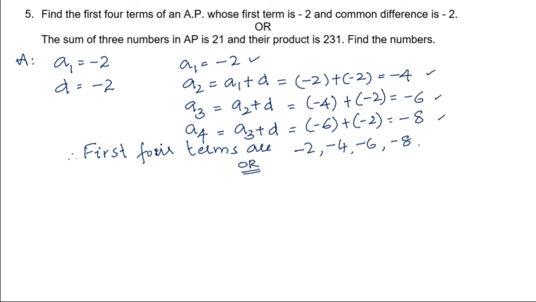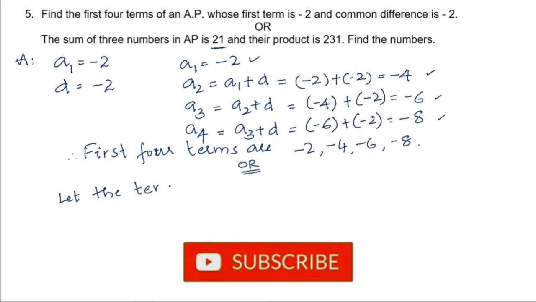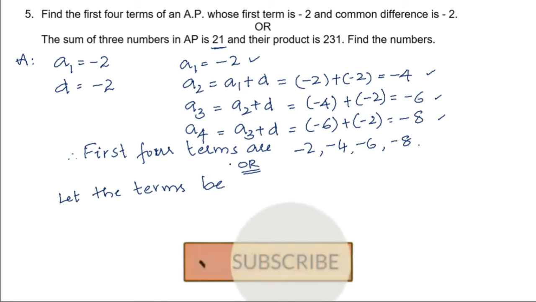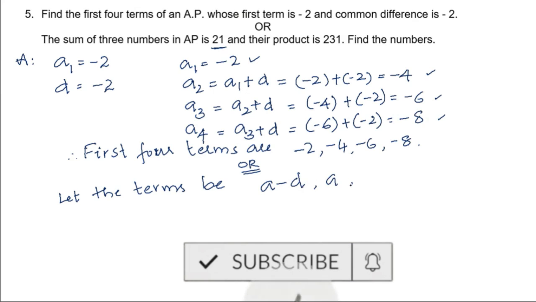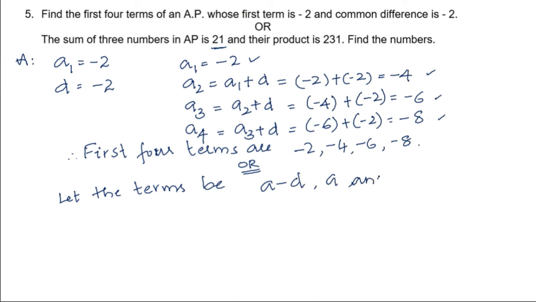In this question, we have to consider the sum of arithmetic progression as 21. It's always better if you consider the terms like this. Let the terms be a minus d, a and a plus d.